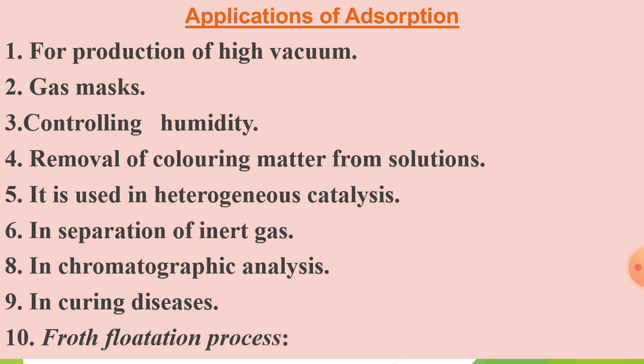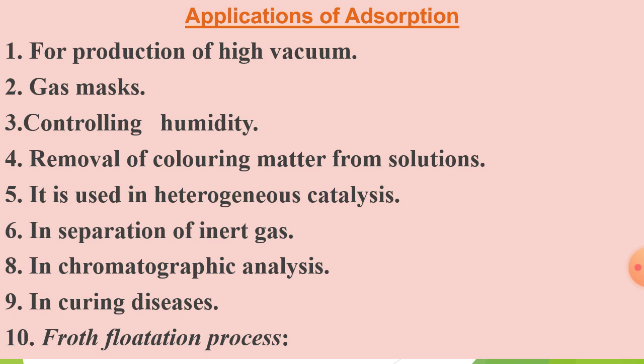These inert gases also can be separated by the process of adsorption. That is, due to difference in the degree of adsorption of gases by charcoal, a mixture of noble gases can be separated by adsorption on coconut charcoal at different temperatures. So that's why the adsorption process is also used to separate the inert gases.